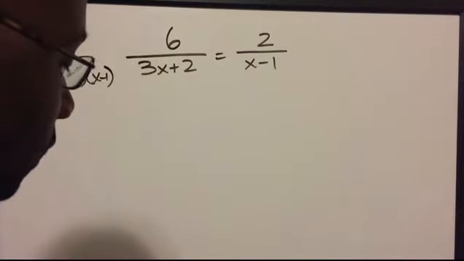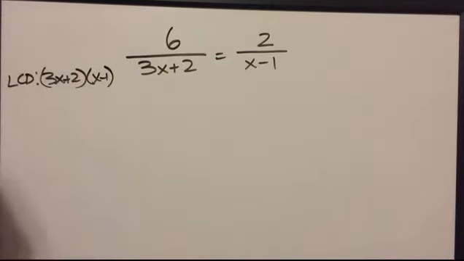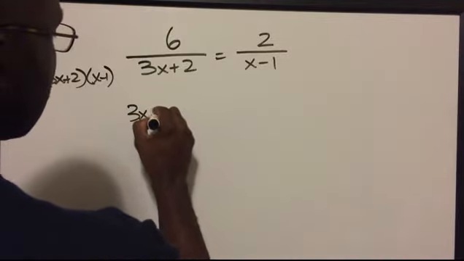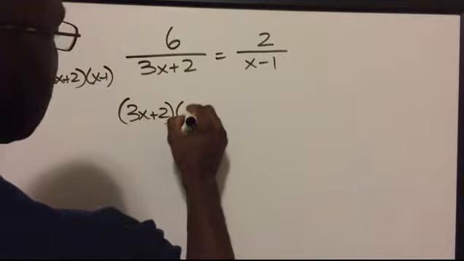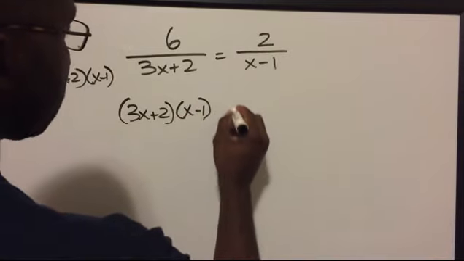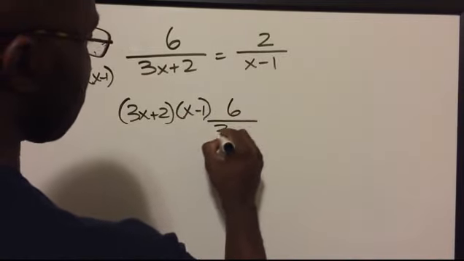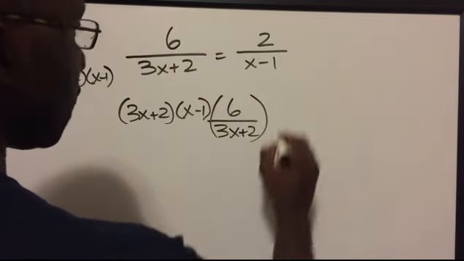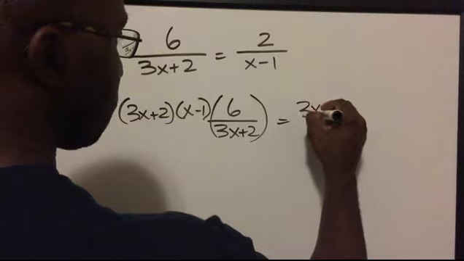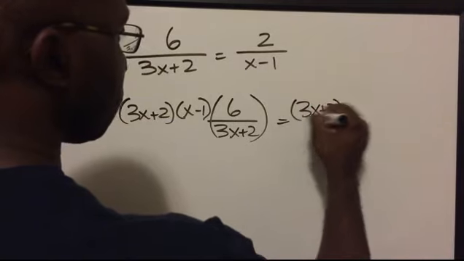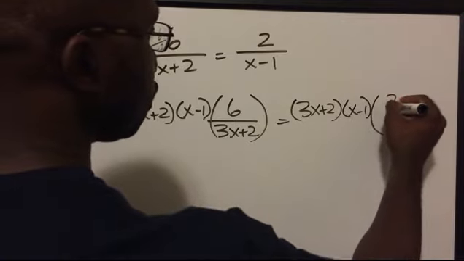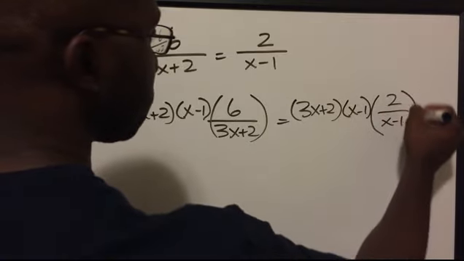Now that we know what our LCD is, we multiply everything by it. Okay, so we have 3x plus 2, x minus 1 multiplied by 6 over 3x plus 2, equal to 3x plus 2, x minus 1 multiplied by 2 over x minus 1.